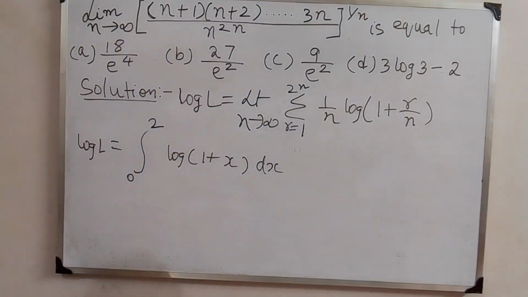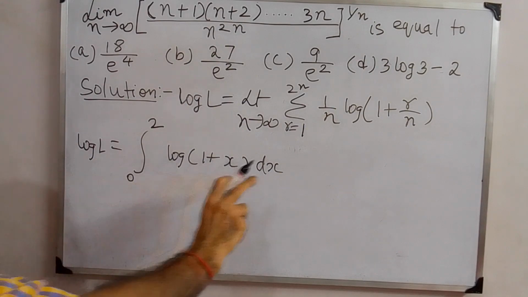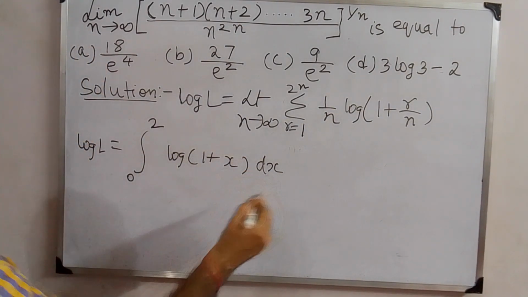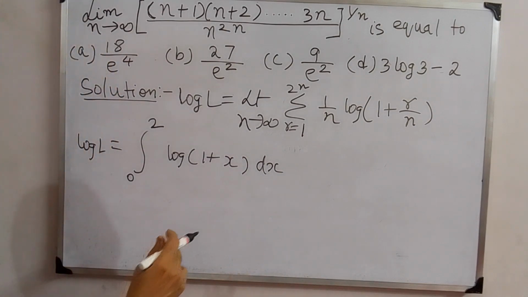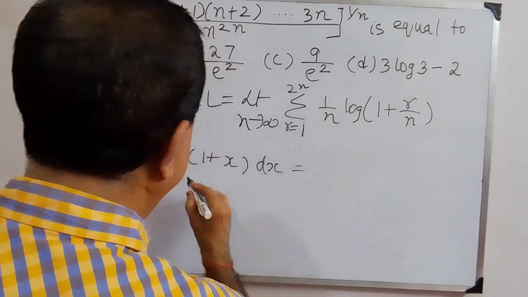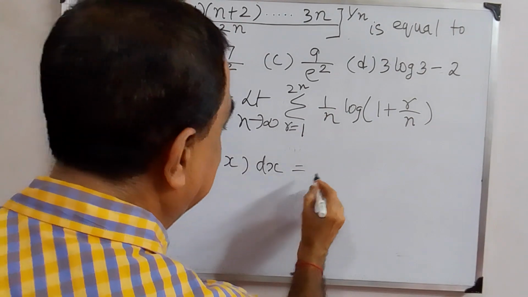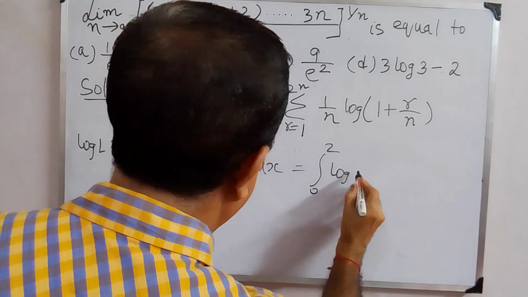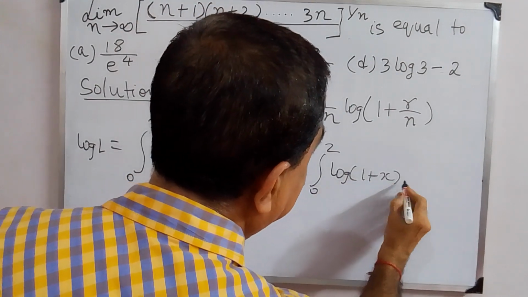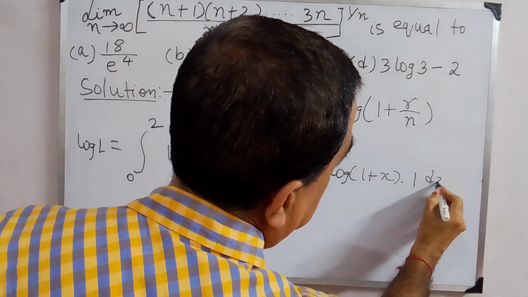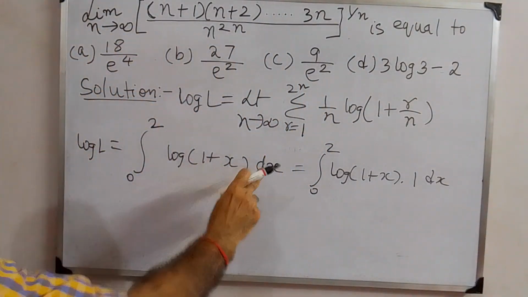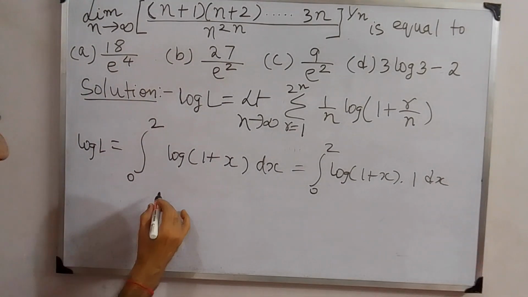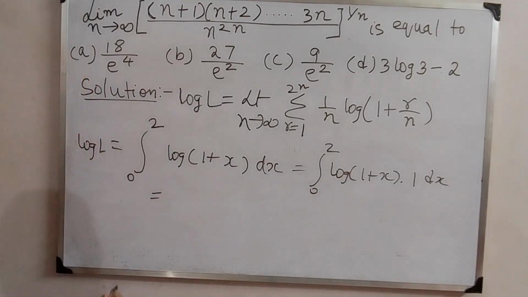Okay, so I hope that you must have understood. Now solve this integration. This will be solved by parts. Here the first function is log of 1 plus x, from 0 to 2, and the second function is 1. So solve by parts.